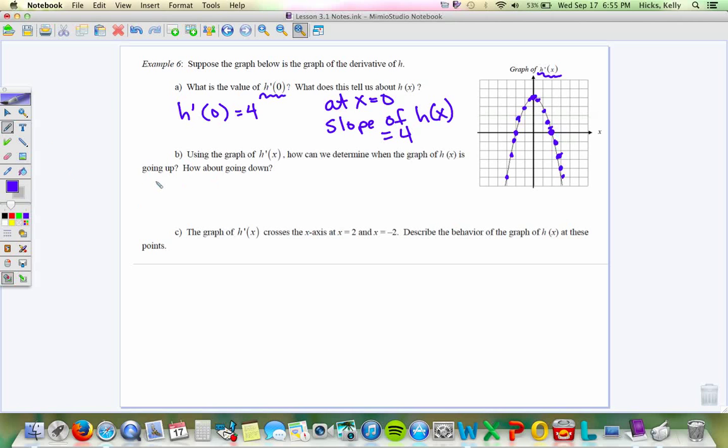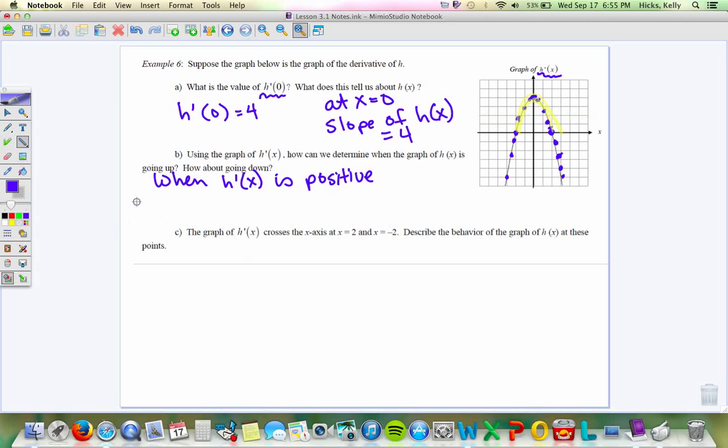How does this help us? Well, let me try to summarize it. This tells us when h prime of x is positive, I'll outline those here. When h prime of x is positive, these are all positive y values right here.